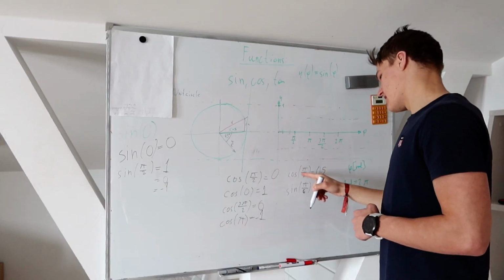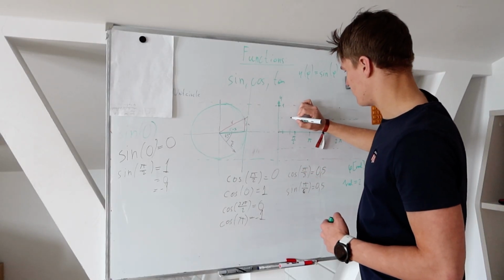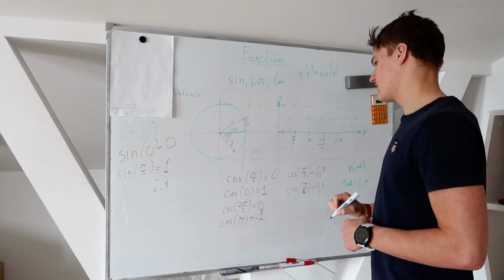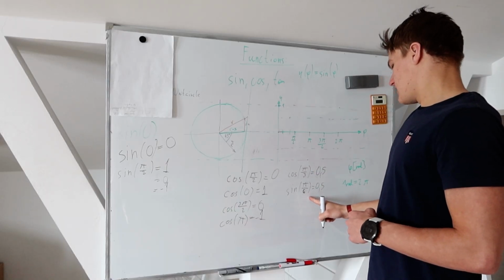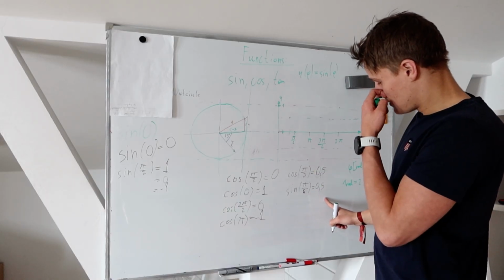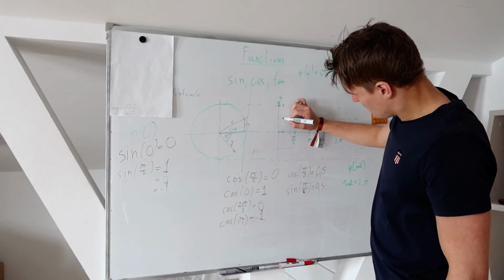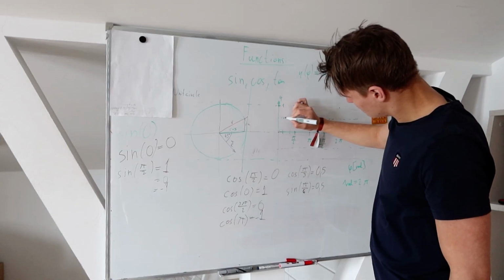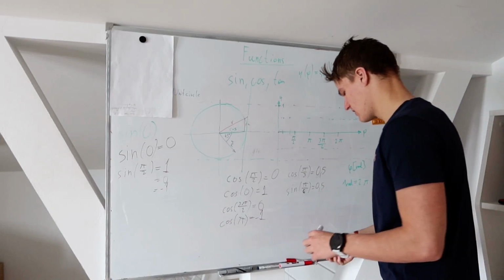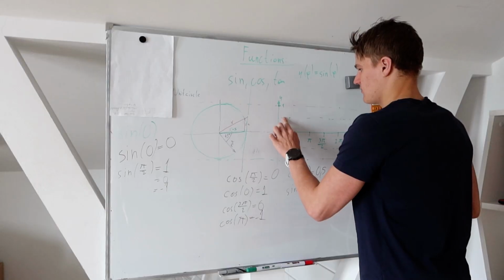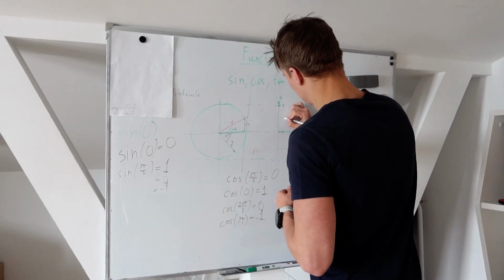So pi over 3, 60 degrees, 0.5, put the point there. Great. Pi over 6, 0.5, put the point here. Oh, sorry about that. That's the wrong color. There we go.